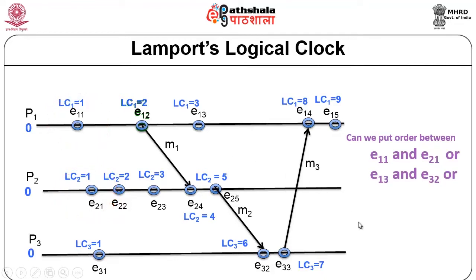In another example, let us take E13 and E32. Here, the clock value is 3 and the clock value is 6. So, since 3 is less than 6, can we say that E13 has happened before E32? Unfortunately, Lamport's logical clock does not allow us to do that.